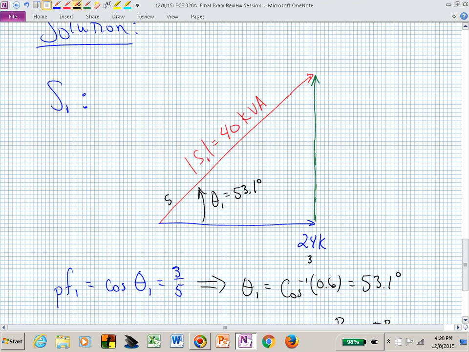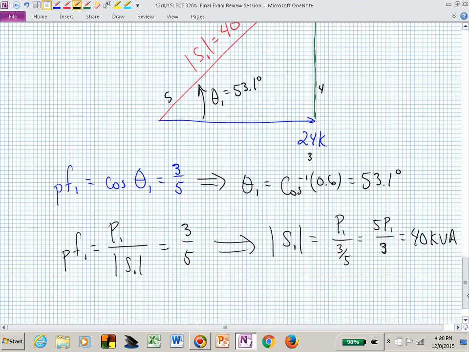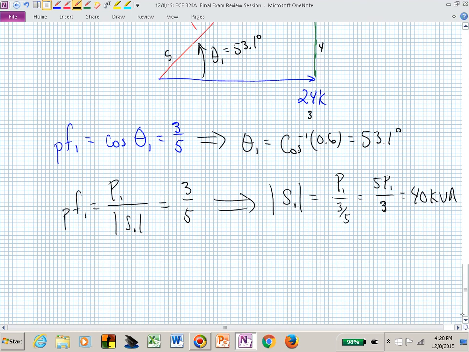This piece is now proportional to 4 in this 3, 4, 5 triangle, so that now we could just remember our formulas. We know that Q1 is now the magnitude of S1 times the sine of theta 1, where theta 1 was 53.1, but we know the sine is opposite over hypotenuse, which is 4/5.